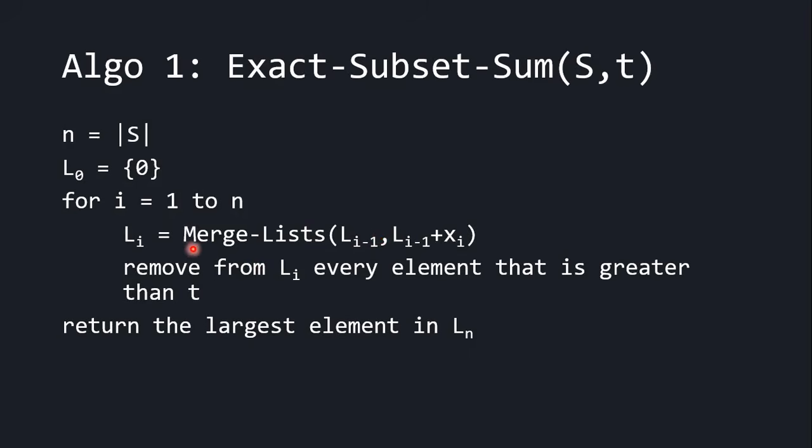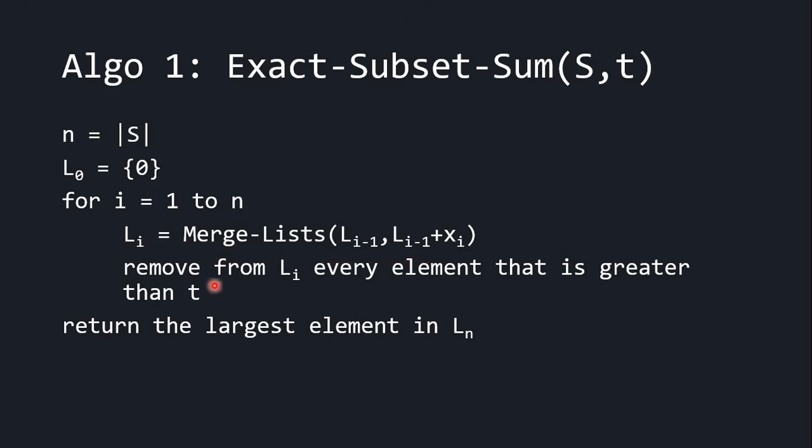Here, merge lists is a function that merges two lists and sorts them. Li-1 plus xi signifies a new list that will contain all the elements of Li-1 incremented by xi. Then the merge lists function will merge this new list with the pre-existing Li-1 list and this will give us Li.